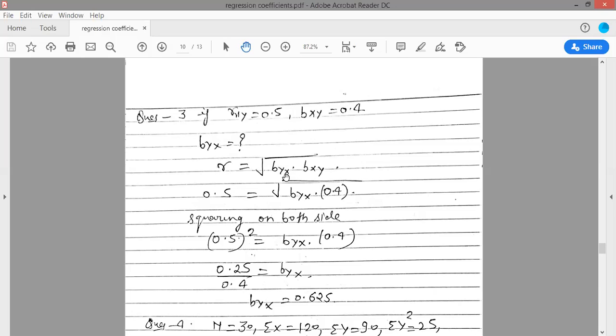This is the coefficient of correlation and these are regression coefficients, right? So just put the values here and square both sides, then you are getting the regression coefficient of y on x, byx is equal to 0.625, right?